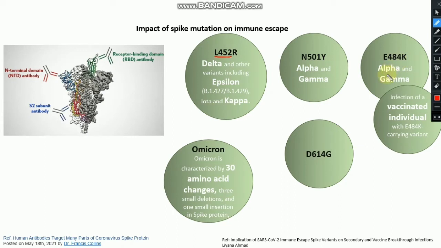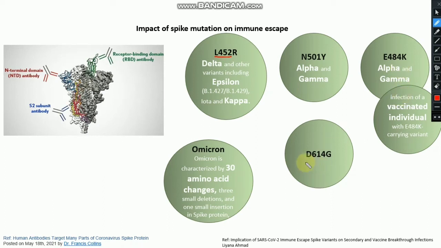And another important feature found in E484K, which is very different compared to the other variants, is that this kind of infection was found in vaccinated individuals carrying this variant. All right, so this is a very important feature of this mutation.